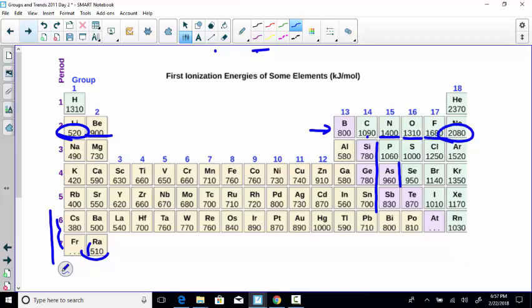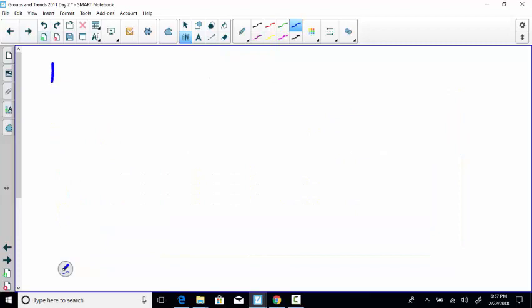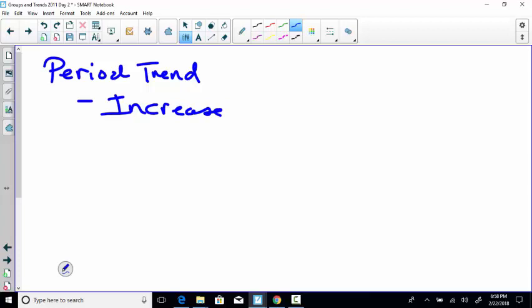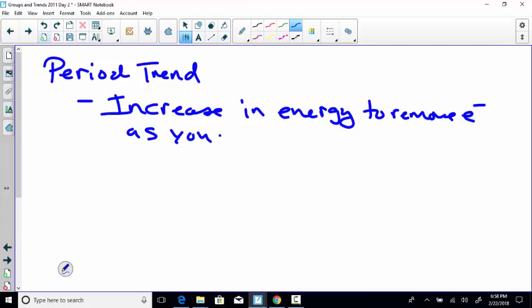So with this, our period trend is that we increase in energy to remove electrons as you move left to right across the period.